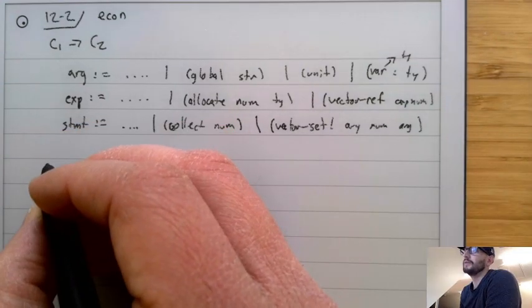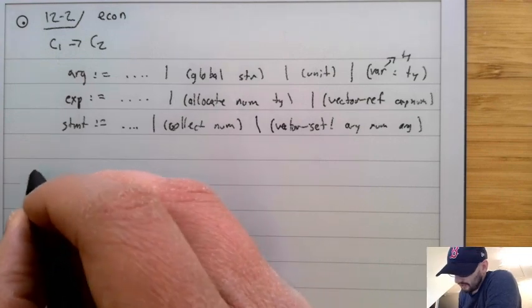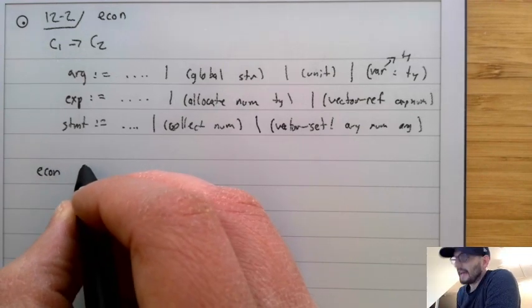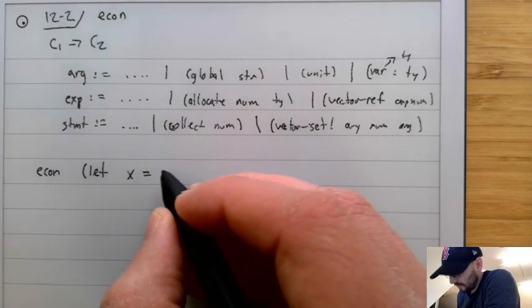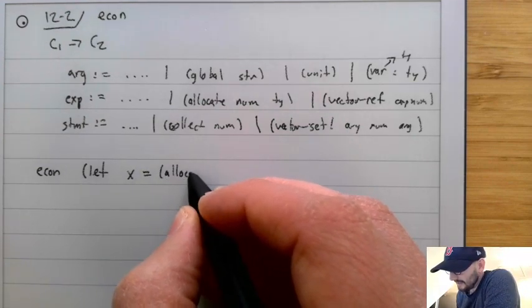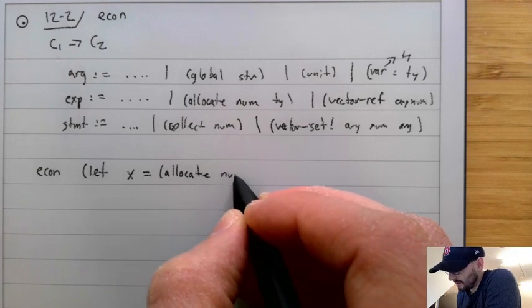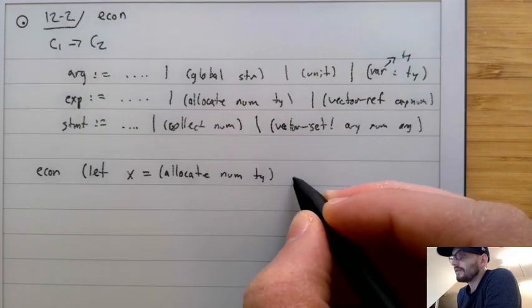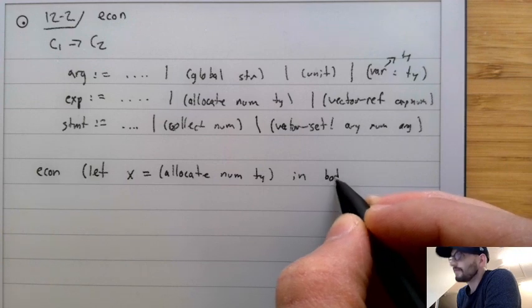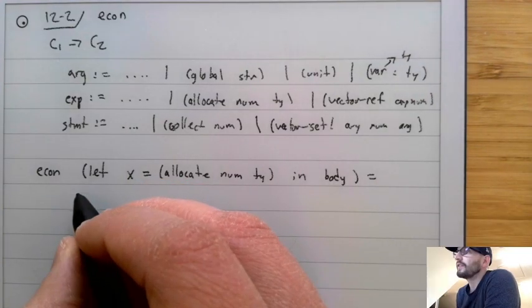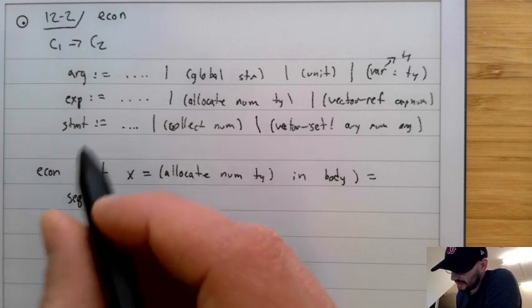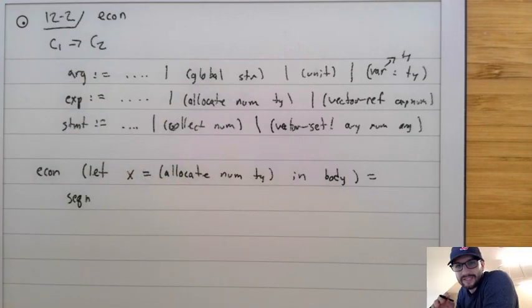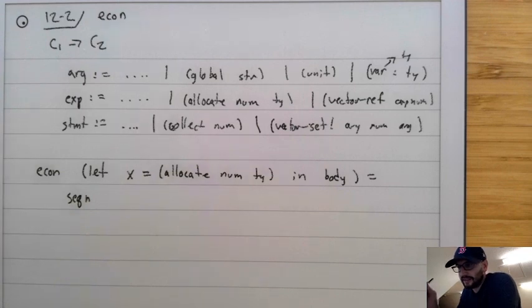So basically what you're going to do is say that when you call econ and you give it a let of an x equals allocate of a number and a type inside of some body, then you're going to turn this into a sequence, because remember, sequence is what C tails are: either a sequence with a statement or a return.